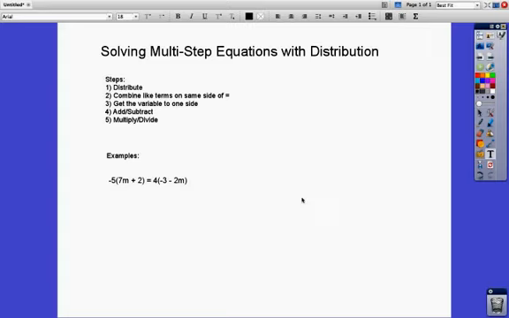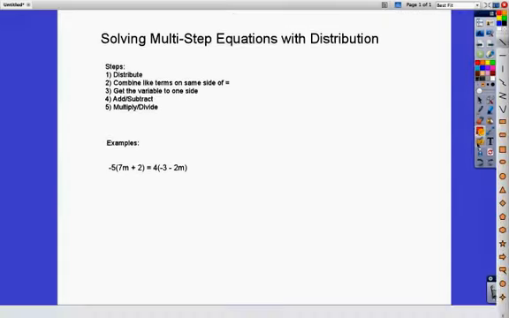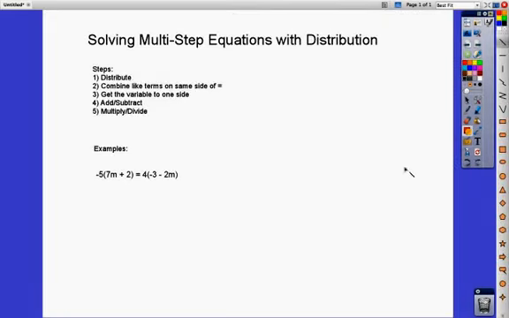So for our first example, we have negative 5 times 7m plus 2 equals 4 times negative 3 minus 2m. The first step, just like it says, is to distribute.